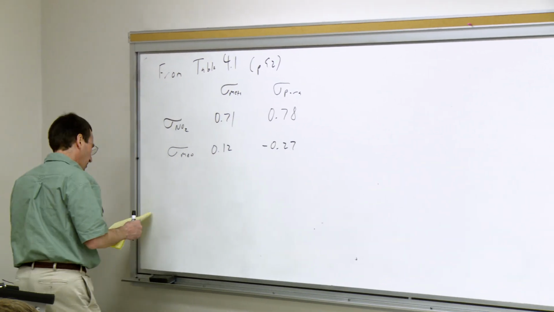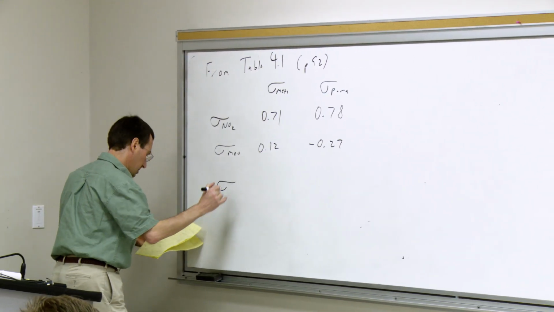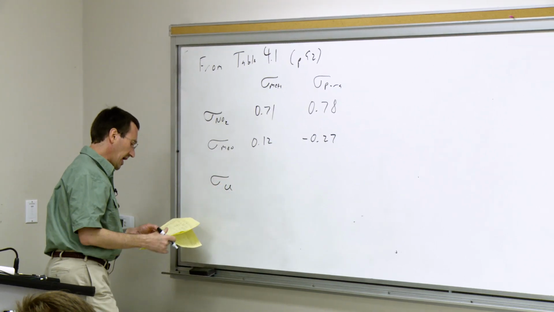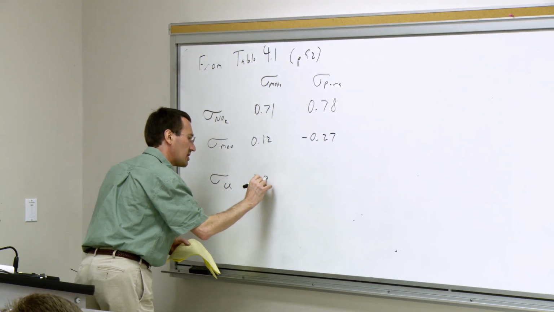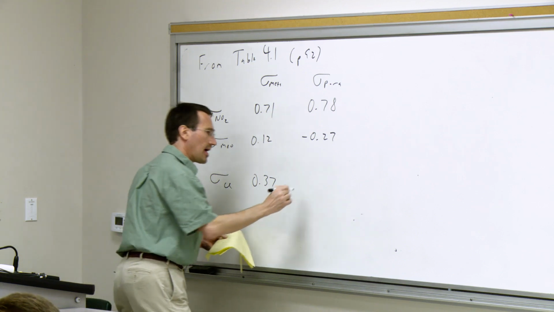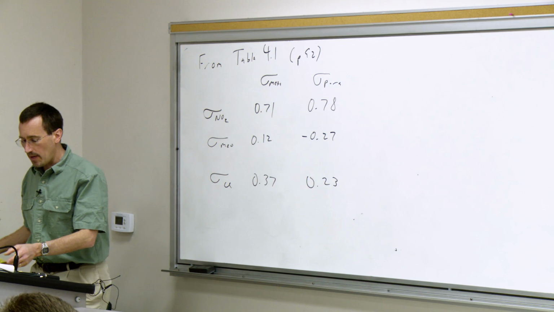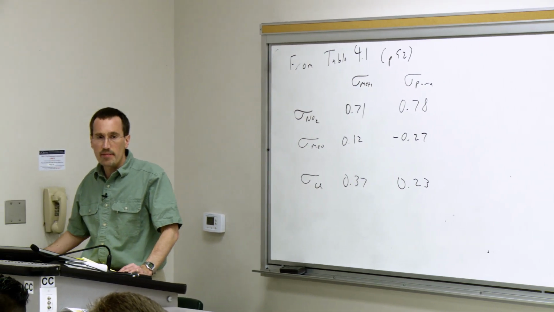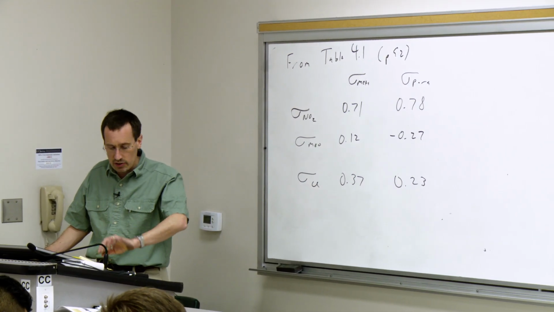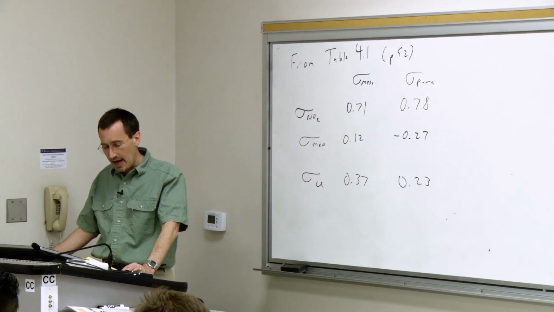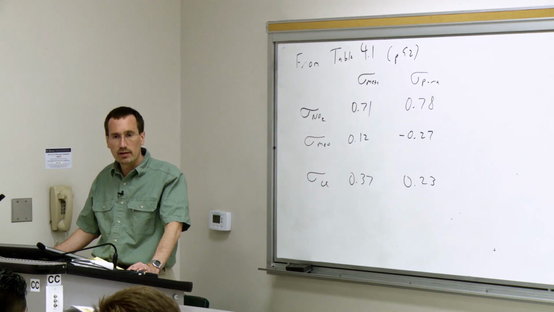So for chlorine, for example, it is electron withdrawing regardless of whether it's meta or para. The values are both positive. In other words, chlorine in the meta position or the para position makes benzoic acid more acidic.